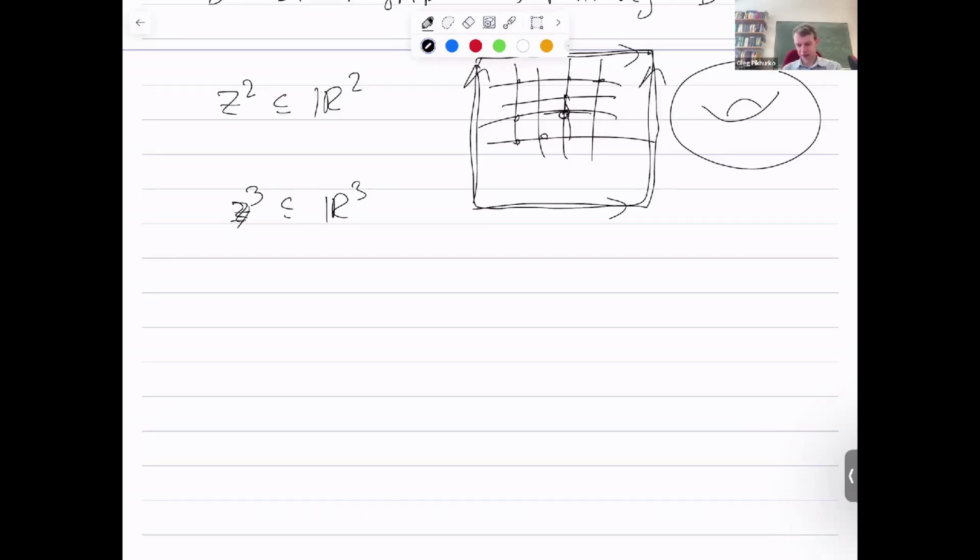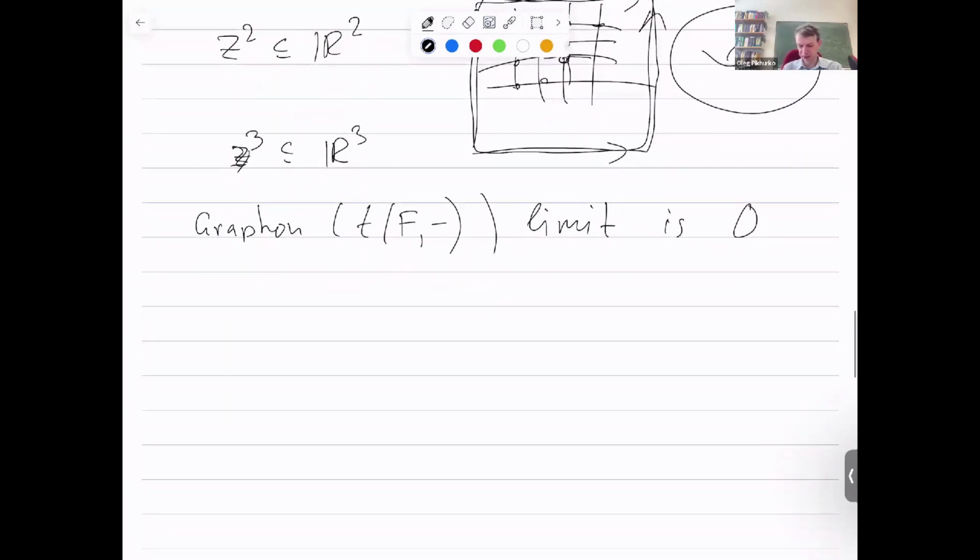So if you apply the graphon limit, the usual hom density, then basically here it would always be zero. But if you look at the density of triangles, you cannot have n-cubed triangles because every vertex has bounded degree. So you can have at most a linear number of triangles.